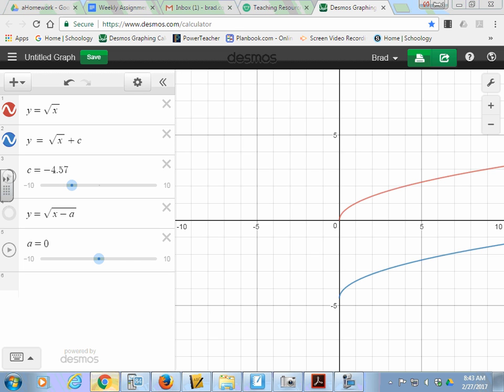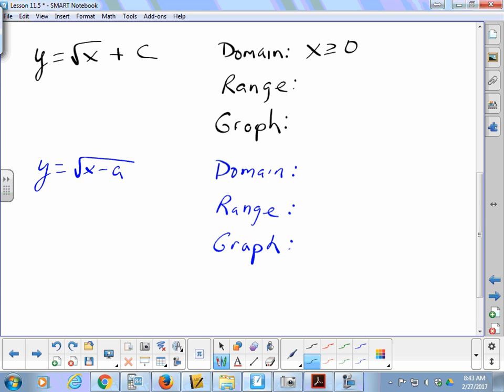And if I move it some more, to 3.5, now the range is y is greater than or equal to 3.5. So my range is going to be that y is greater than or equal to whatever your value of c is. Whatever that value is, that's my range.